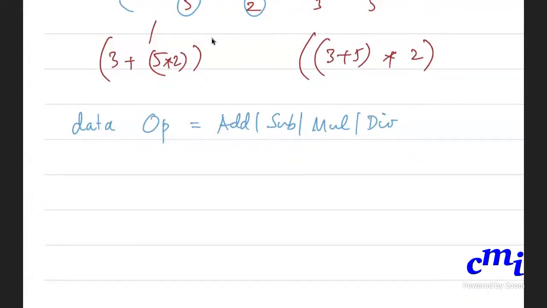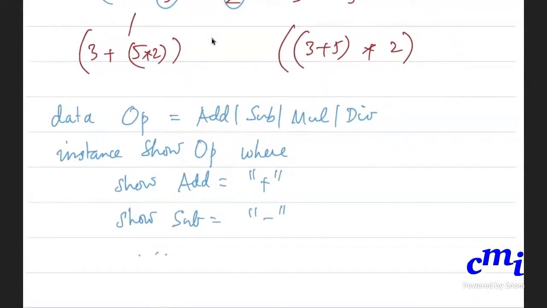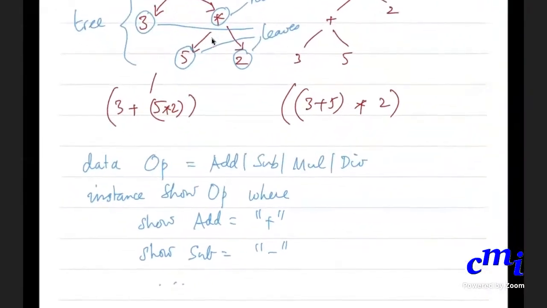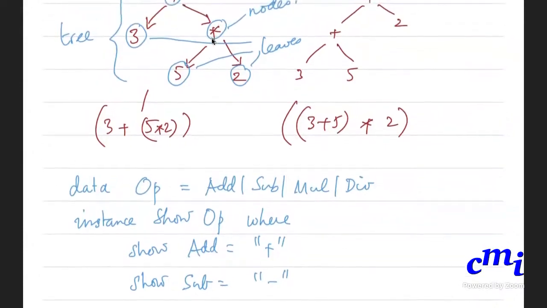I might want a show for this. Instance show of op where I want to show it properly. So show of add is nothing but plus, show of sub is nothing but minus, etc. That's a minor thing. So you have these operations.